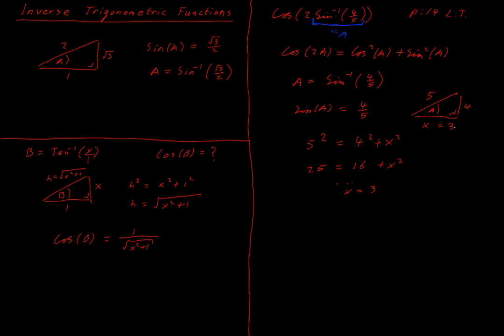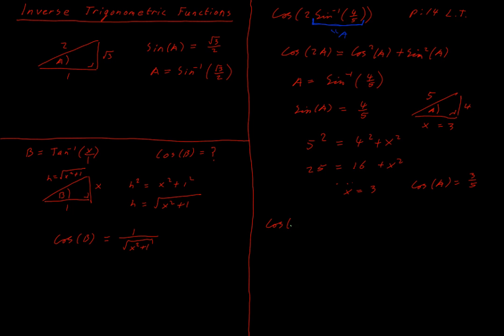So now I have all the information I need to get sine and cosine of A. So let's get back to that point. The cosine of A is going to be equal to 3 over 5. So I now have sine of A and cosine of A, so I can sub them into my equation.